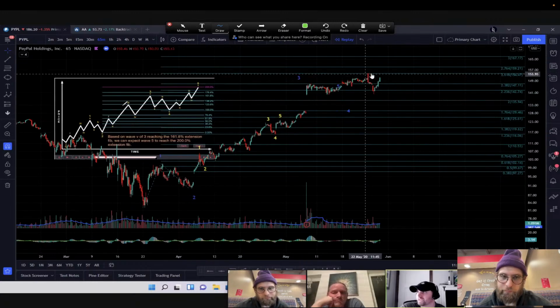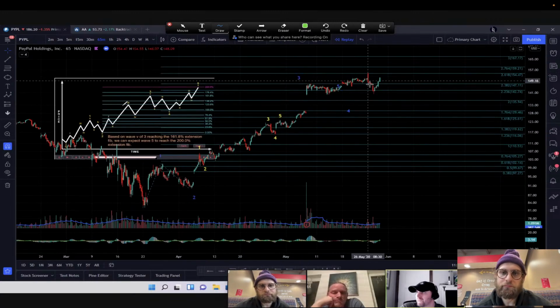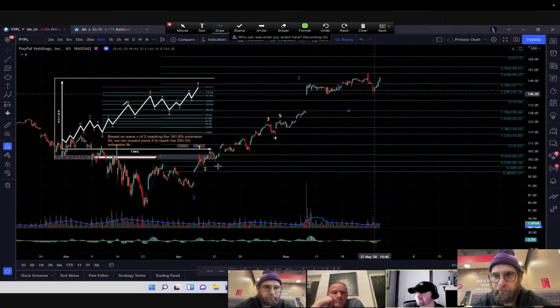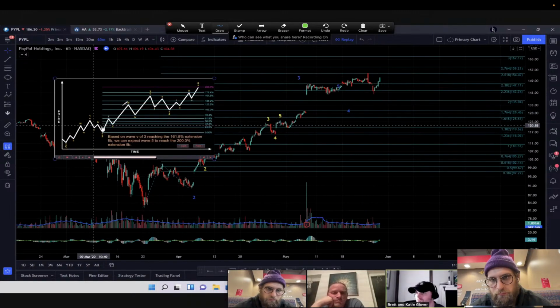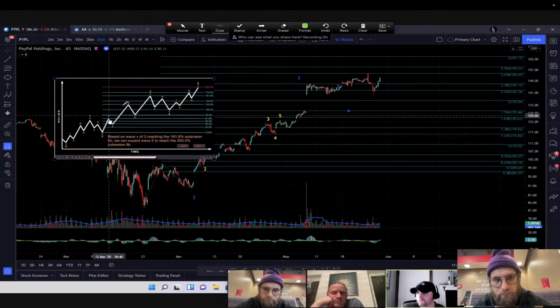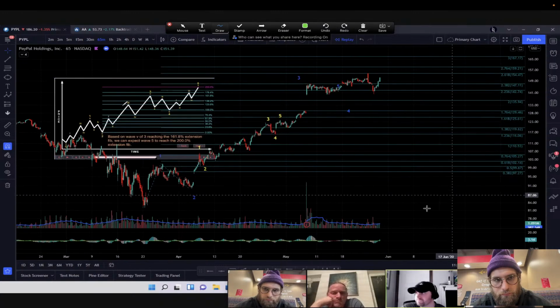So what I would say is if this is truly a correction, that could be an A correction, and this is our 1-2, we should probably have a decent gap, I would think, to start the big wave one on the macro scale. Or we would have a gap of volume or something.